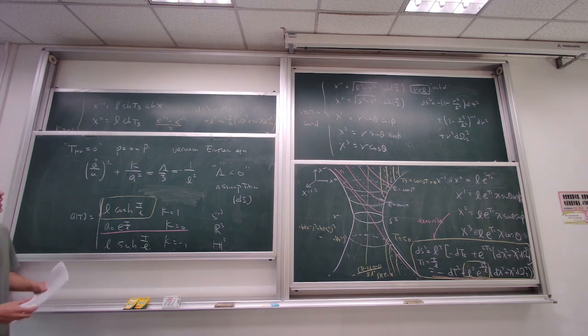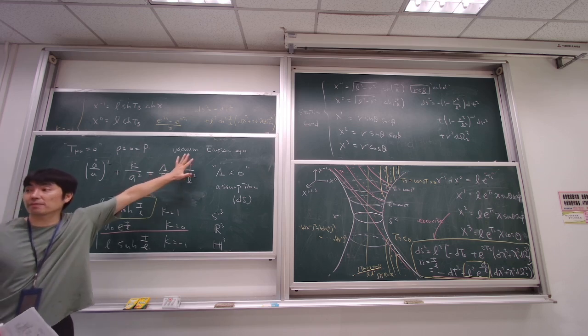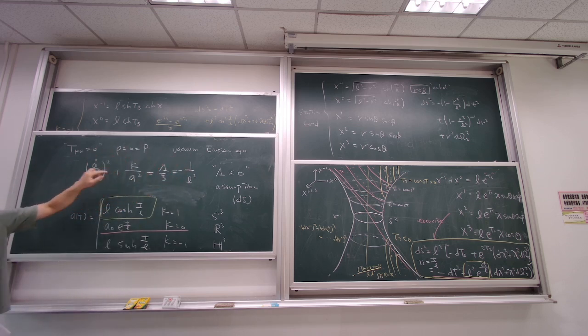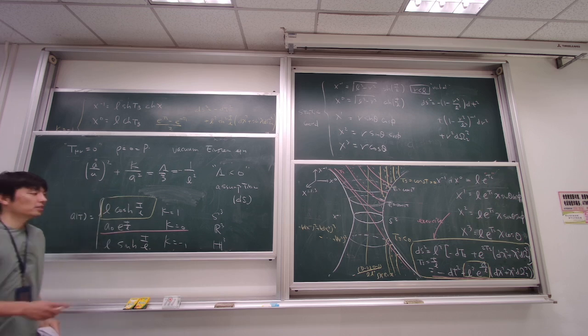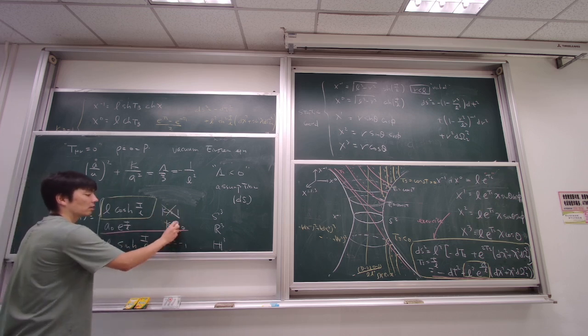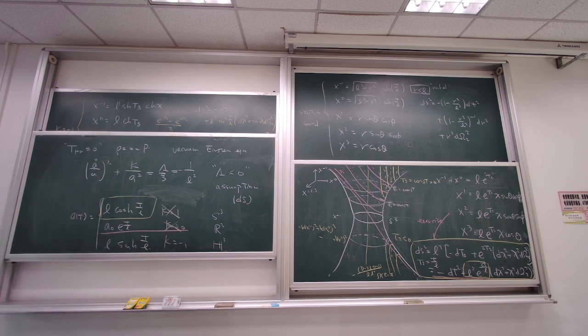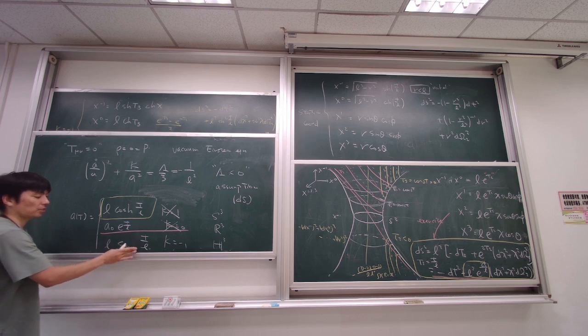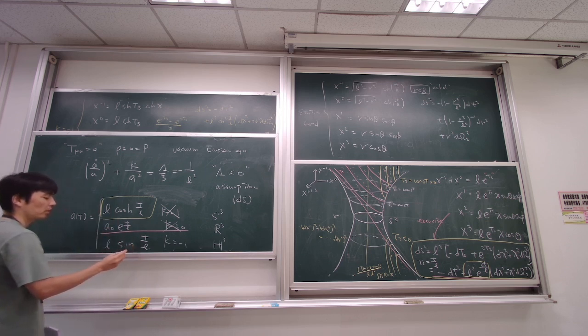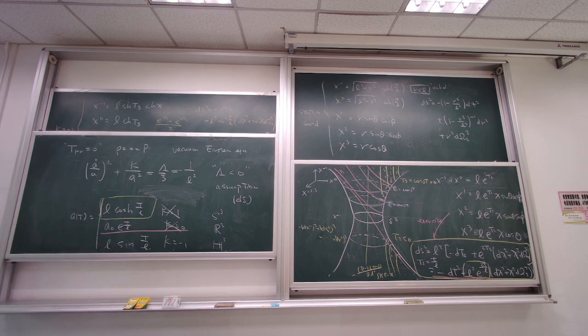So you realize that the right hand side needs to be negative, and the left hand side also needs to be negative, but this is a positive quantity, so therefore k has to be negative. So this kind of solution is not allowed. k needs to be negative, and then this becomes sine instead of sine t over L.